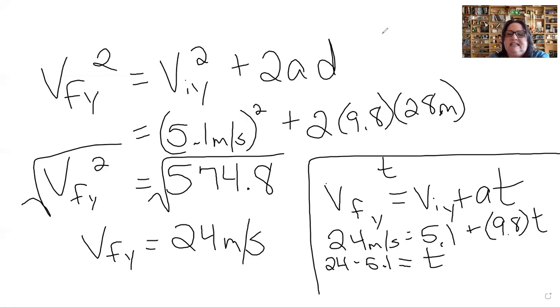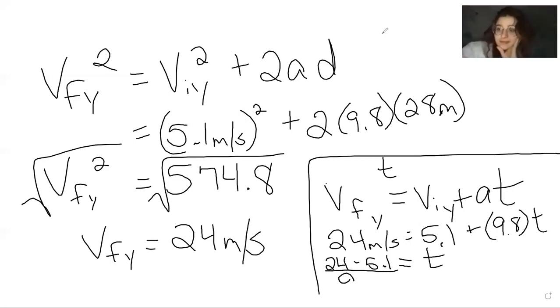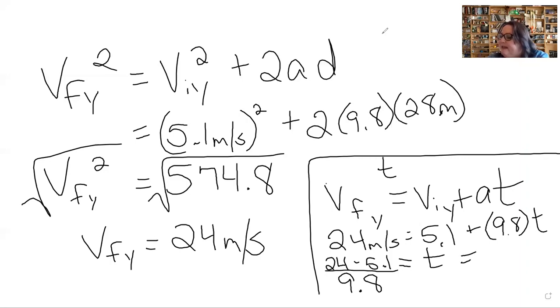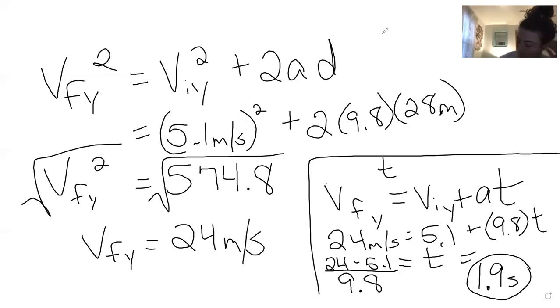So I'm going to just put t there because we are pretending like I just divided by 9.8. So what is my time? If you do 24 minus 5.1 divided by 9.8. 1.928. Okay. With 2 sig figs, we're going to leave it at 1.9 seconds.